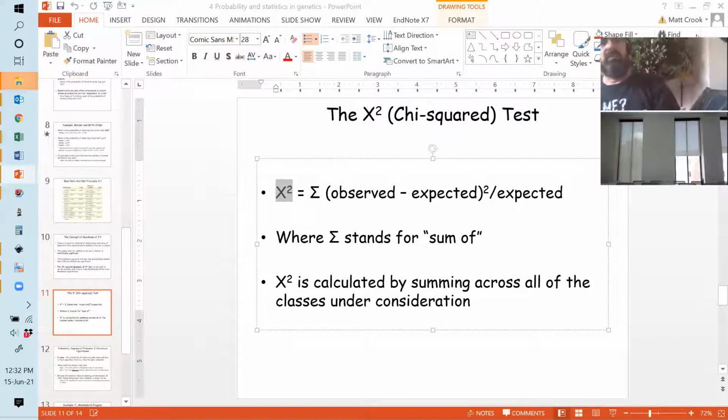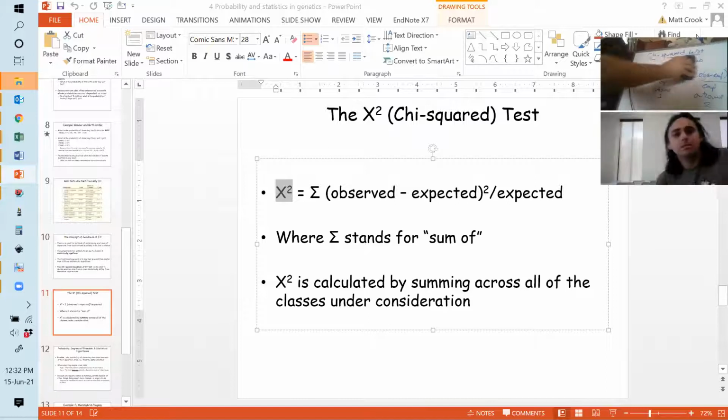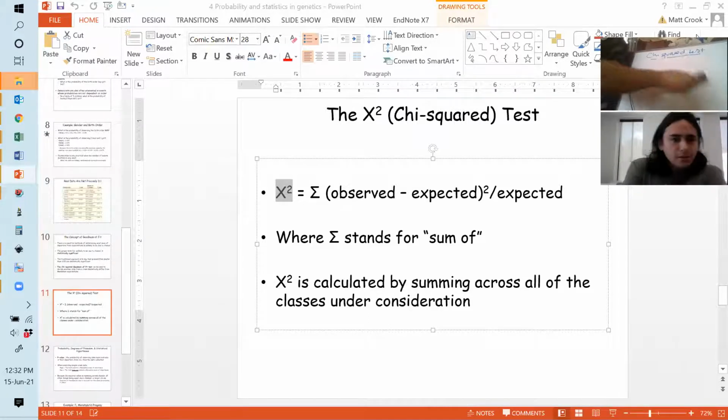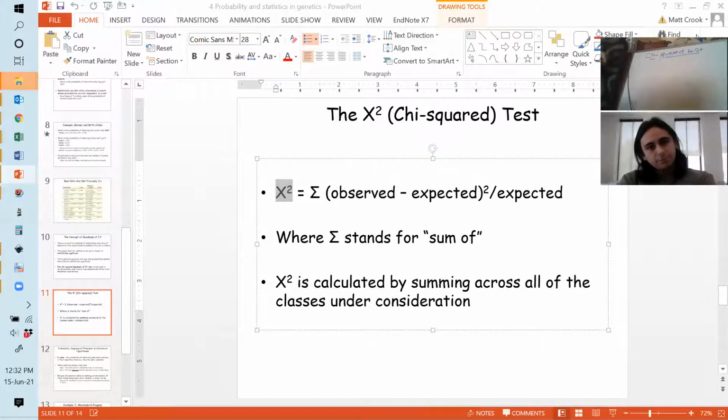So this might not make a whole bunch of sense to you right now. But this is a fairly straightforward way of doing a chi-squared test. So first, you got to work out your expected.